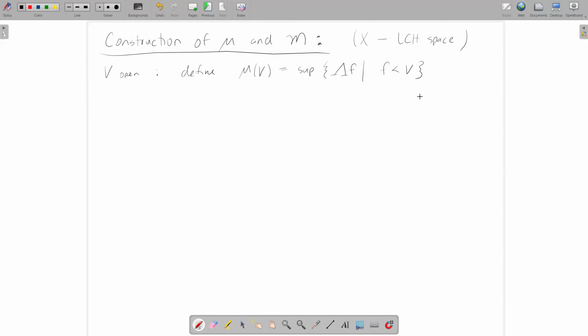But I think the intuition here is important. Just remember that this lambda f in our primary application of this theorem is going to be the Riemann integral. Imagine taking all continuous functions with compact support, where that support is contained in an open set V, and taking the supremum of all Riemann integrals of such functions.